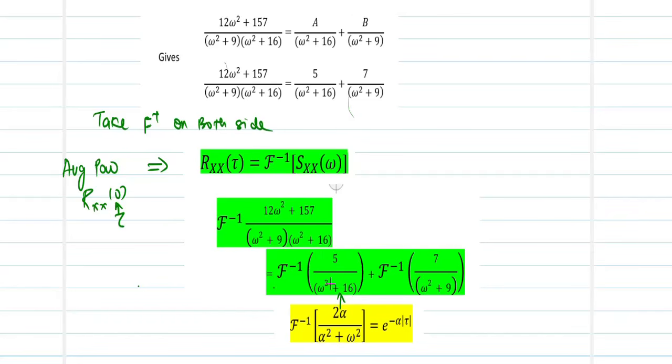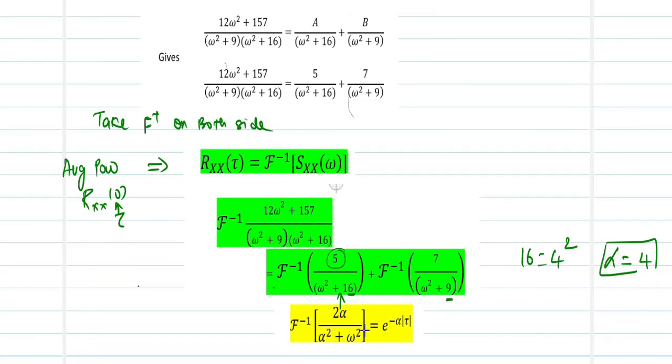We are going to apply this to each of the partial fractions which we have computed. So this becomes 5 divided by omega square plus 16, and we will apply it again for the second factor. But what we want is 2 alpha here, so this constant 5 has to be taken outside. Now we have to replace the 16. I can replace 16 with 4 square, in which case my alpha for the first partial fraction will be equal to 4.